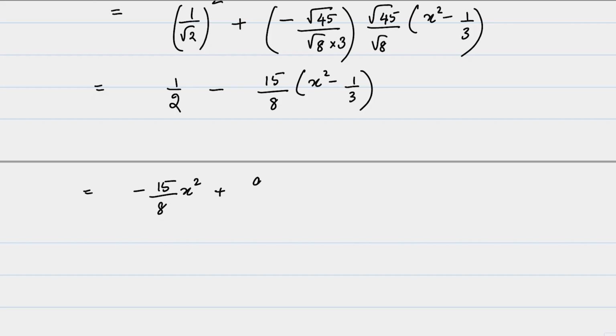So this is the polynomial which will give us, by the Riesz representation theorem, the vector with respect to which when you take the inner product, you will get the linear functional.